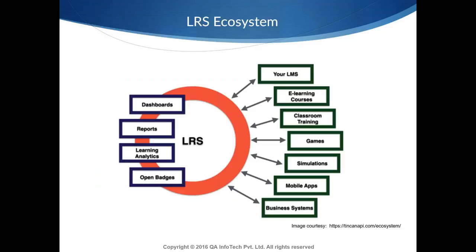So if we look at the xAPI and LRS ecosystem, as I just mentioned, the LRS is the place where all the experience activities are recorded in the form of xAPI statements. If we look at this picture, on the right hand side we have all the activity providers like LMS, different e-learning courses, whatever training or teaching is happening in the classrooms, games, simulations, and mobile apps.